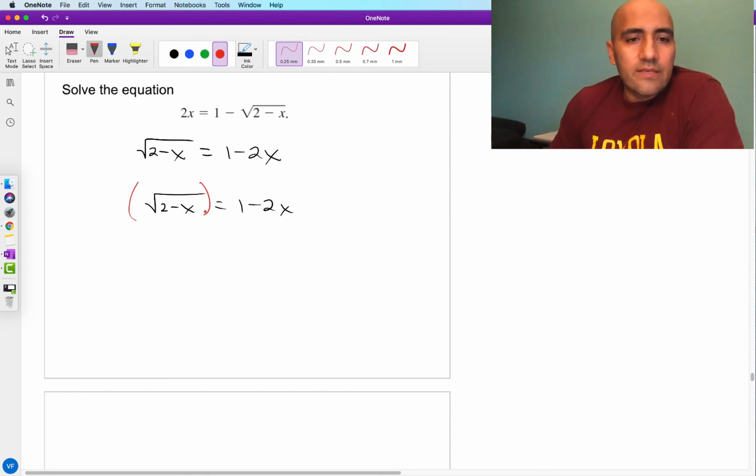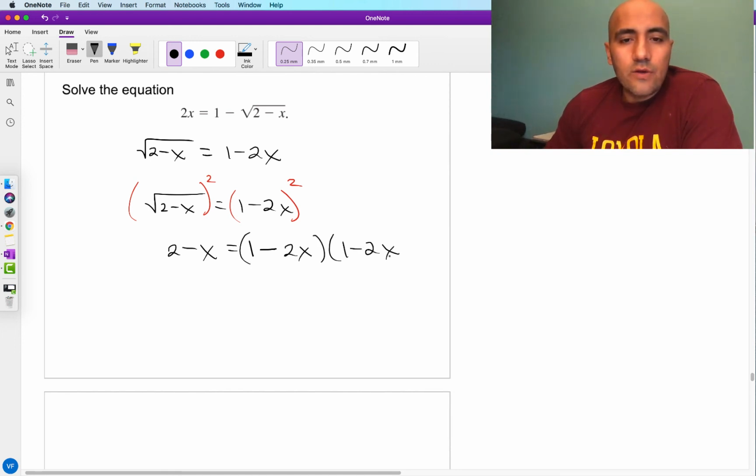So I'm going to square this side, and then I'm going to square this side, giving me just a 2 minus x is equal to this guy squared, which becomes 1 minus 2x. I'm going to FOIL it all out. 1 minus 2x, which gives you 2 minus x is equal to, FOILing it out, we get 1 minus 2x minus another 2x plus 4x squared.